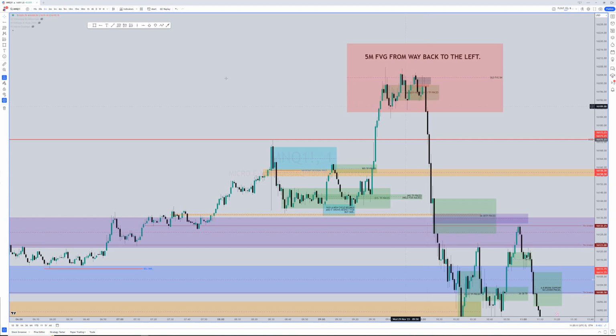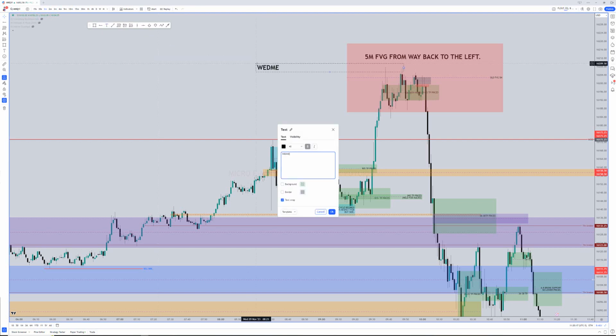And so what do you have in your favor here that may help you? One would be Wednesday high of week. That's the possibility. Two, you have, and let me just do it, 1, 2, you have holding below a 5-minute fair value gap.